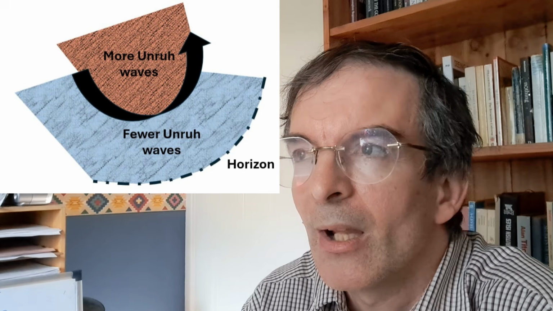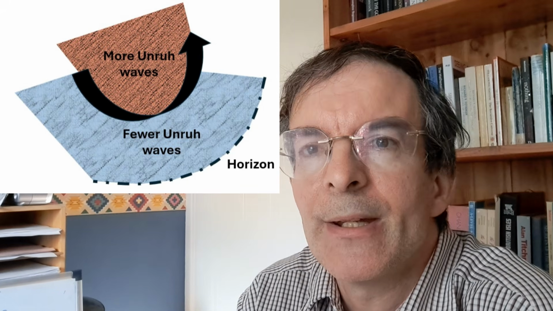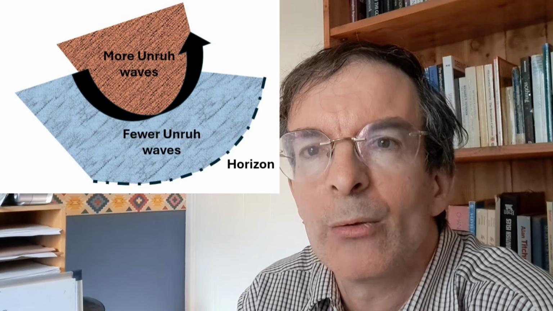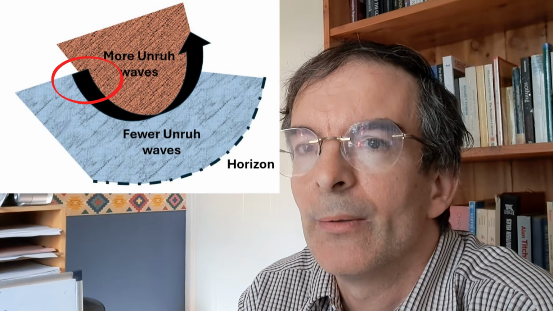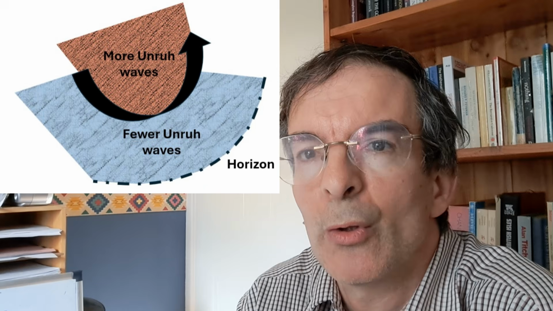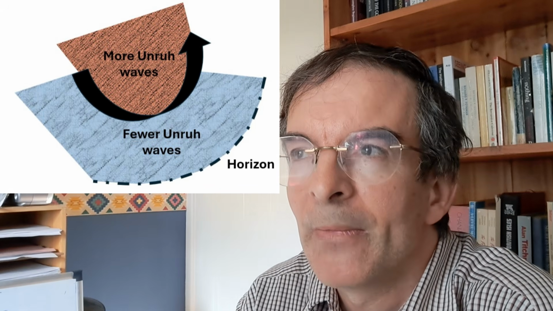But in quantized inertia, it's very different conceptually. I've tried to show what's going on with this diagram here, which shows an object which is accelerating or curving in its path. It's not changing its speed, but it's changing its velocity because the direction is changing.